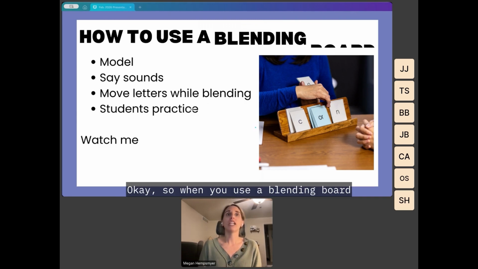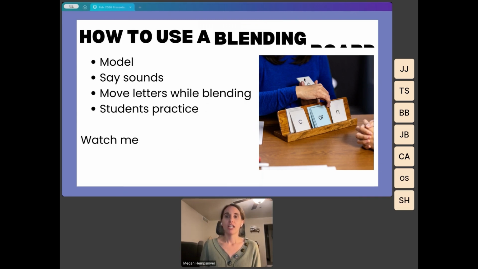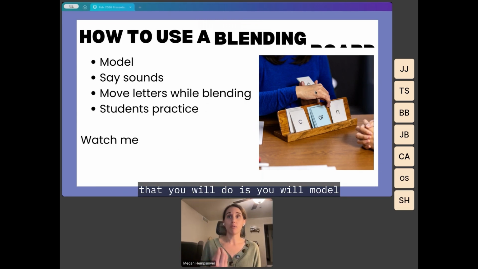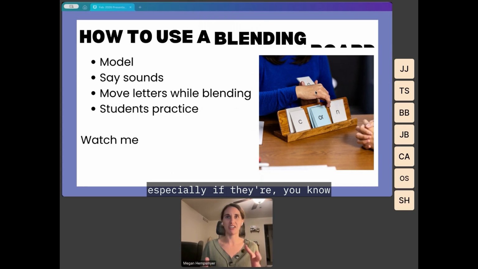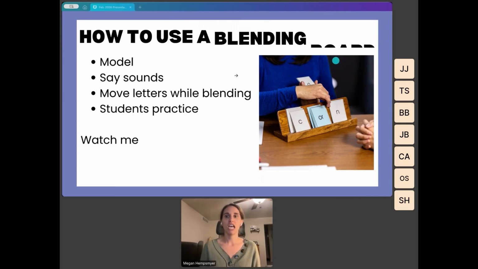Okay, so when you use a blending board, the first thing that you will do is you will model. And if you are doing this for the first time with your students, especially if they're having their own cards or something with them, you go through the steps of making sure that they're able to play around with it, explore, discover what these tools are, and then you bring it back together and then you model to do it first.